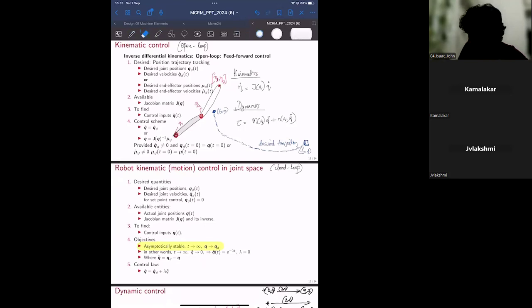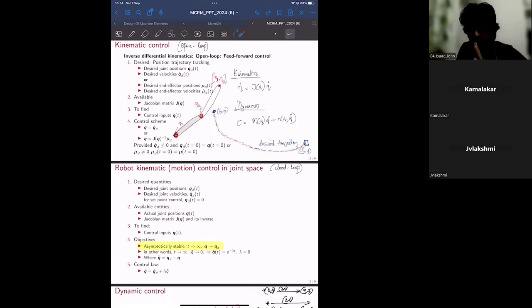For example, assume that in the open loop scheme, your actual and desired positions initially are the same. So as the robot tracks, it should theoretically follow the desired trajectory, right?